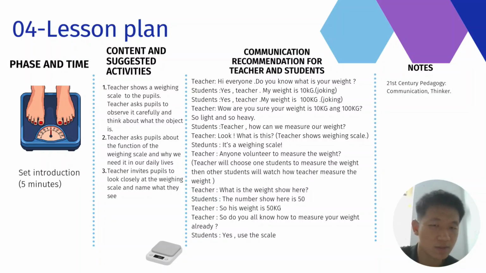The teacher will choose one student to measure the weight, then another student will observe how the teacher measures the weight. Teacher may ask, what is the weight shown here? The student looks at the weighing scale and answers, the number shown here is 50, so the weight of the student is 50 kilogram.